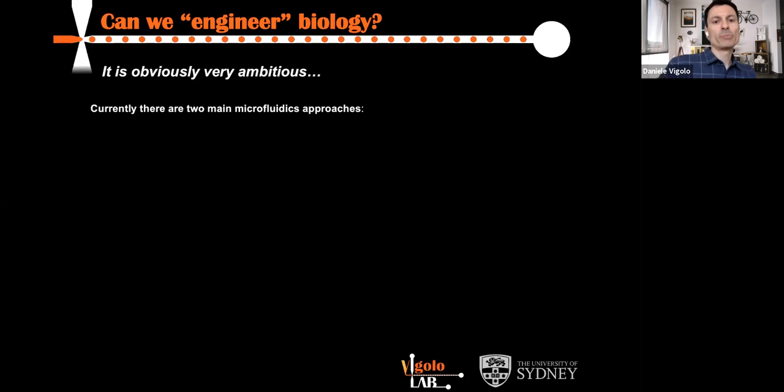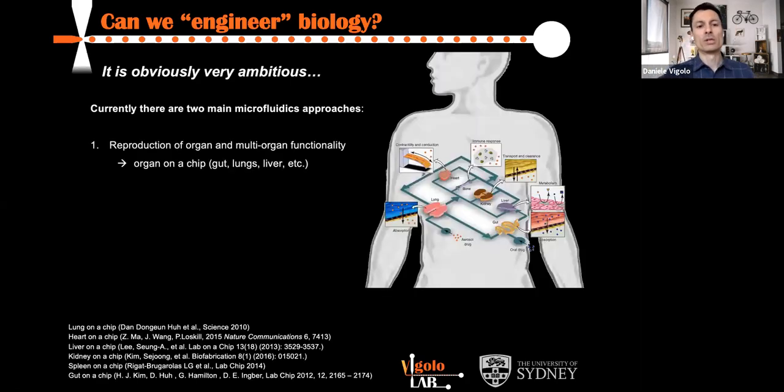The first approach that I want to discuss is, of course, the possibility to reproduce organ functionality on a chip. This is the principle of the organ-on-a-chip device, but where we are going these days is not only the single functionality of one organ, but multi-organ functionality.